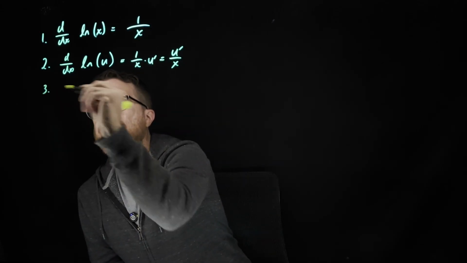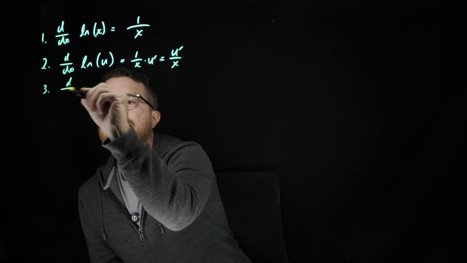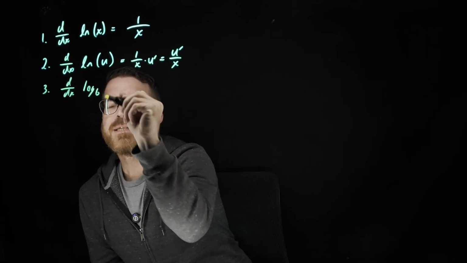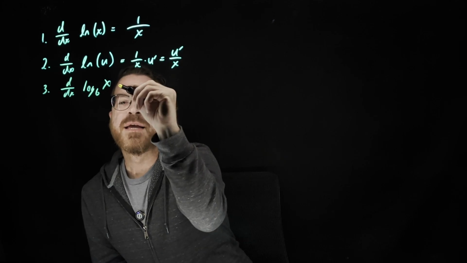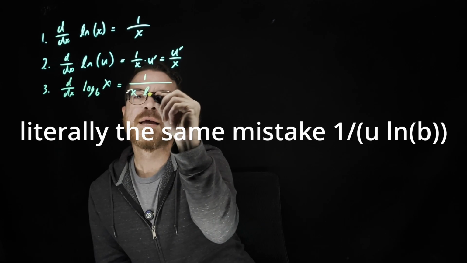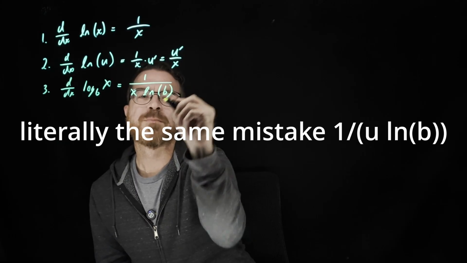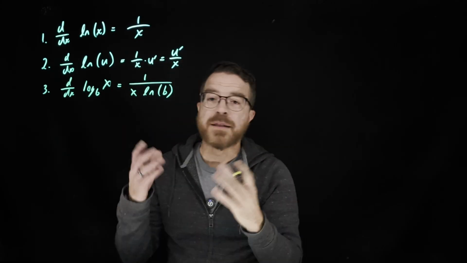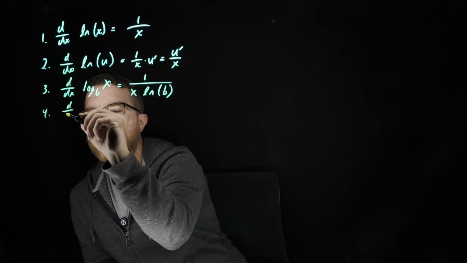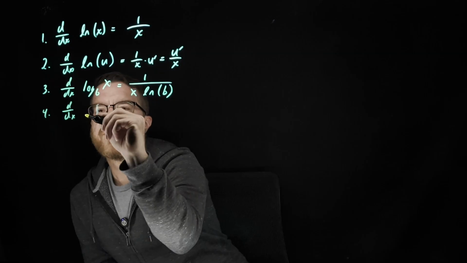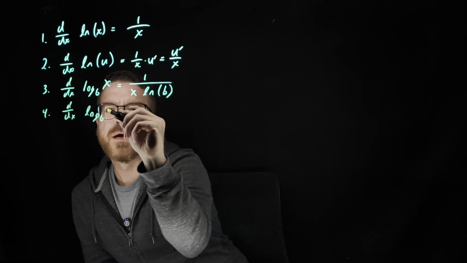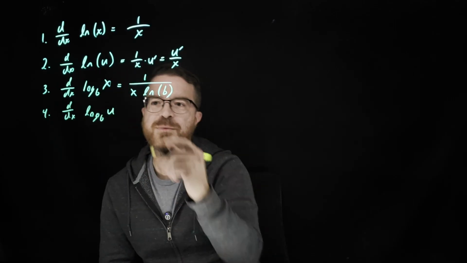For the third rule, we have d/dx of some log function with base b of x. This is just going to be 1 over x natural log of b, whatever your base is. Like before, our fourth rule is if we have d/dx of log base b of some u function, which again is in terms of x.